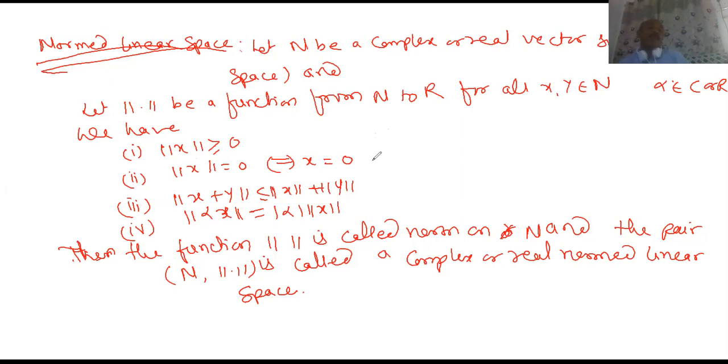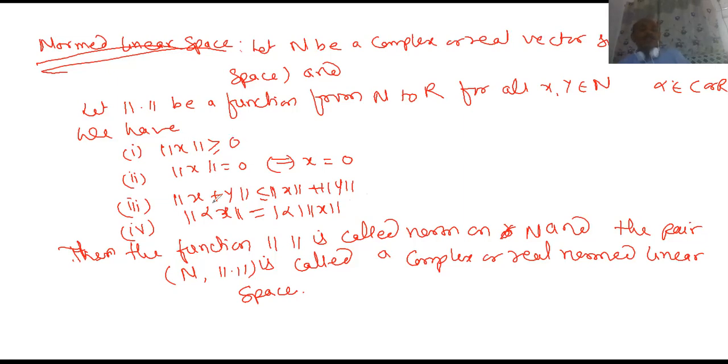In a metric, d of x, y is equal to 0 if and only if x is equal to y. Here, norm of x plus y is the triangle inequality: norm of x plus y is less than or equal to norm x plus norm y. And the last condition is norm of alpha x is equal to mod alpha times norm x.